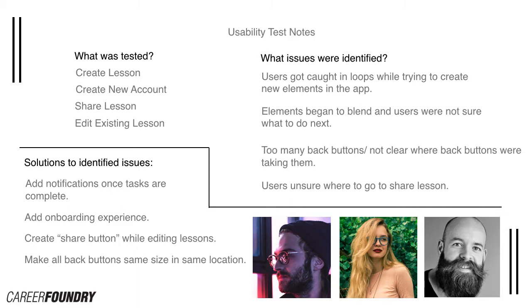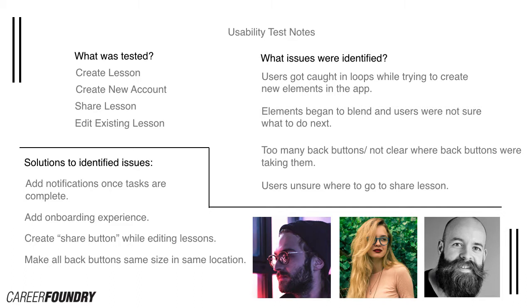Now, obviously, with a brand new application, it's not going to be flushed out perfectly the first time, so a few issues were identified during this process. A few of those issues would be users getting caught in loops. They thought that they were in the same place over and over again, so obviously something needed to be changed there.